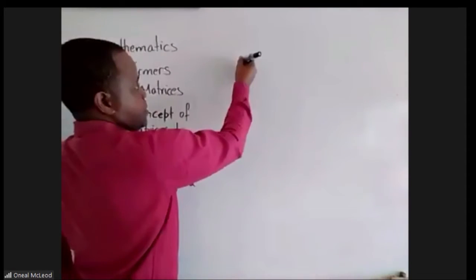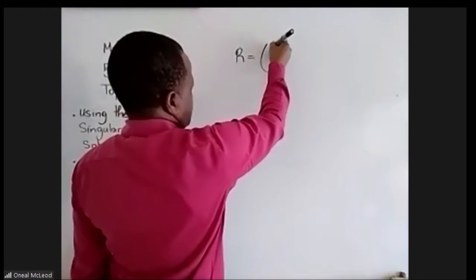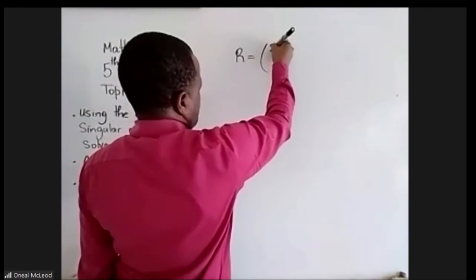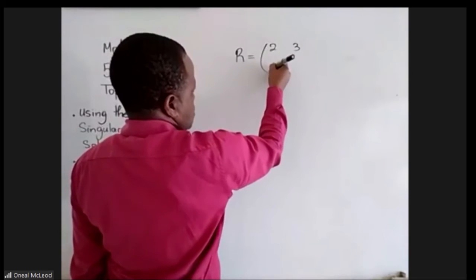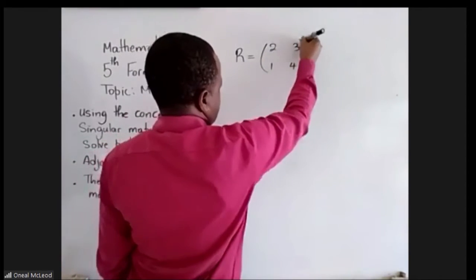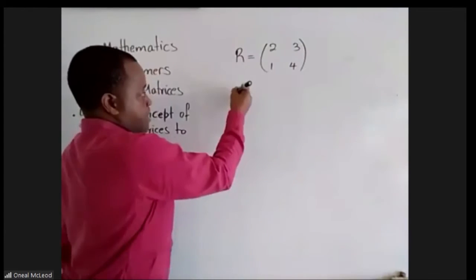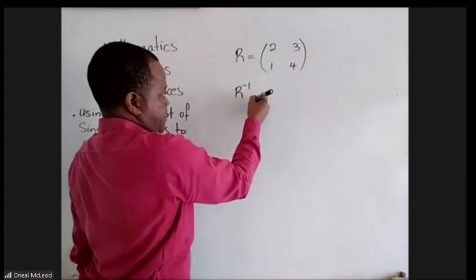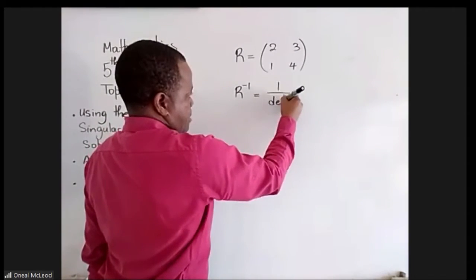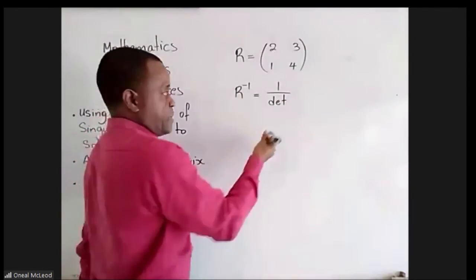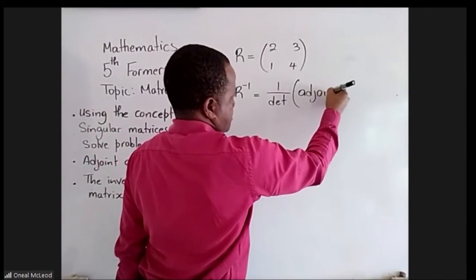Now, if I give you the matrix R, and R is equal to 2, 3, 1, and 4, and I ask you to find the inverse of R, then R inverse is equal to 1 over DET, which stands for the determinant, times the adjoint.